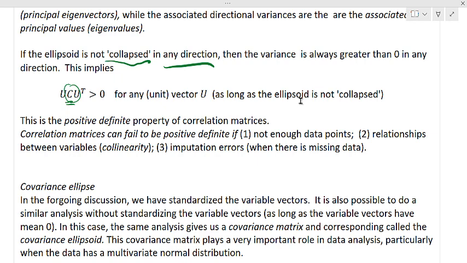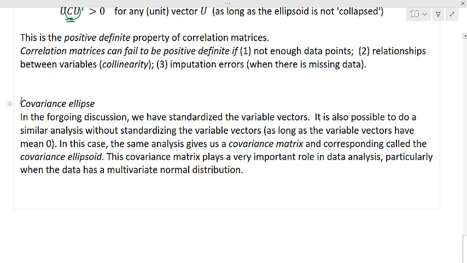So let me add a little bit of background that I didn't talk about that much. So far, I've been talking about the correlation ellipse because I standardized my data before I did my analysis. Now, you'll also see in the literature the covariance ellipse. And in this case, you don't standardize the variable vectors. You do subtract the mean, but you don't standardize.